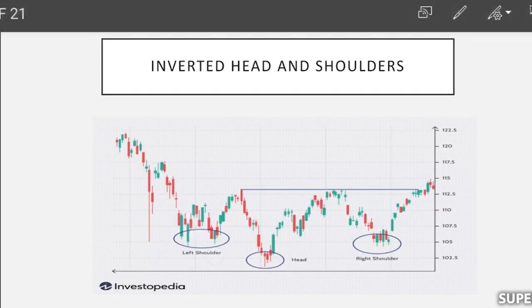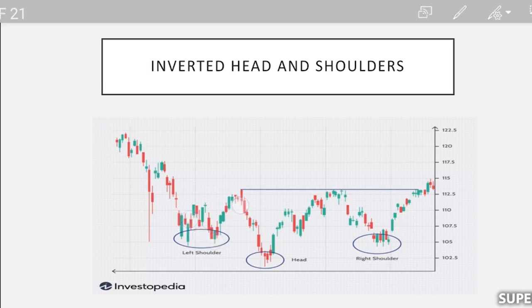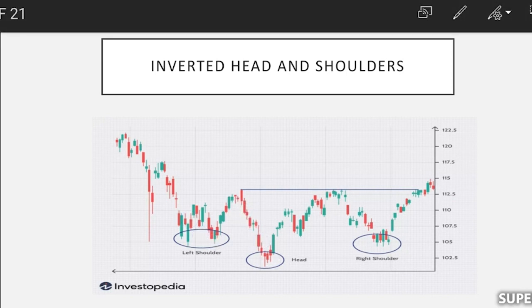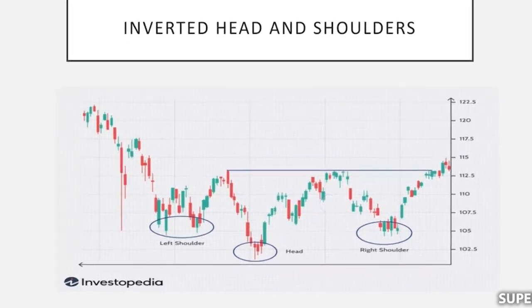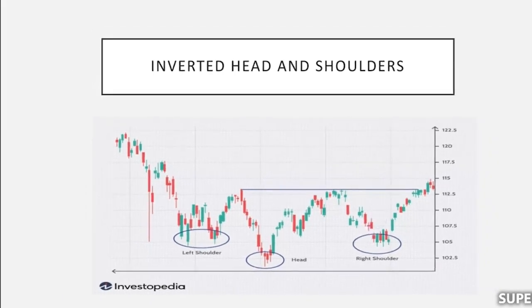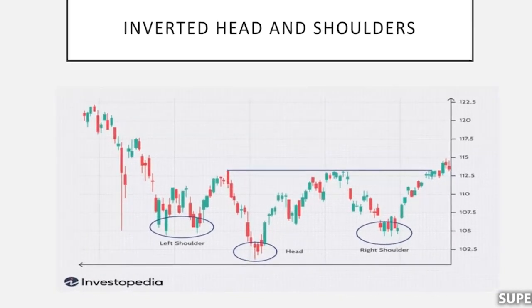This is the left shoulder. Here the price decreased, again increased, and again decreased to a lower level and again increased. This is the head, and again it decreased and increased up to the neckline, and then the neckline will be broken.